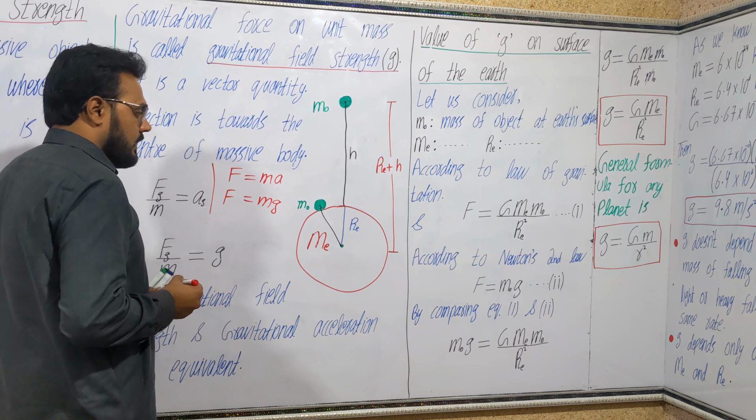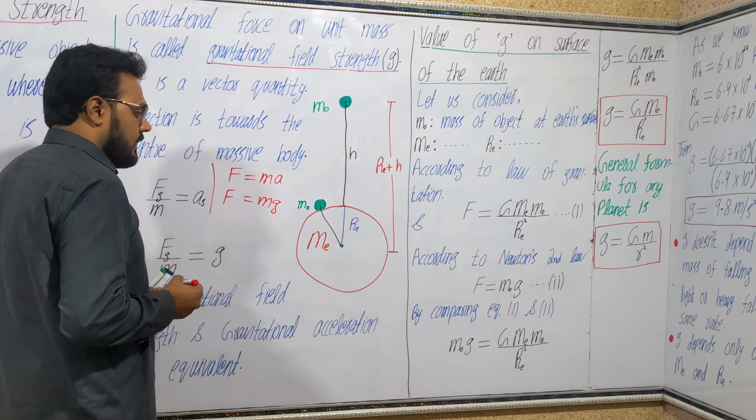Now we have to find the value of g, so we need to move m0 to the other side. m0 is multiplying here, so it will become divided on the other side. So g as it is equals G M_E m0 divided by r square, and this m0 goes to the denominator.